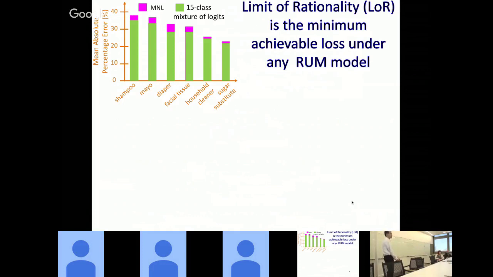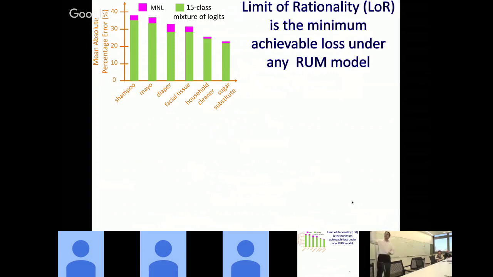These are testing errors, right? Pardon? These are errors on unseen data, right? Actually, you can put it on unseen data, but I'm just talking about in-sample error. Can you drive this to 0? That's the question. And if not, what is the minimum achievable one? Of course, both the multinomial logit and the mixture of logits belong to this RUM class.